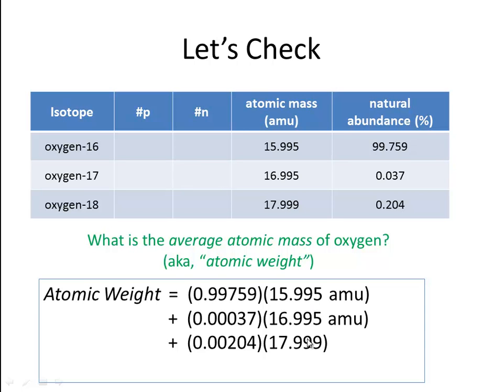You do that for all 3 isotopes. Notice it doesn't matter which order you multiply these in. The AMU can come first or second. And when you crank all that through, you should get 15.999. That's to three decimal places. And if you check the periodic table, I think you'll find that we're very close.